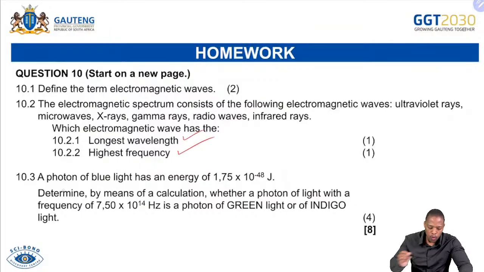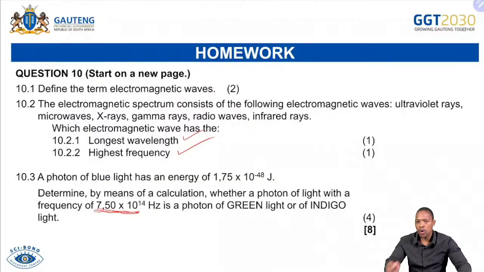Then this one: a photon of blue light has an energy of 1.75 times 10 to the power minus 48 joules. Determine by means of calculation whether a photon of light with a frequency of 7.50 times 10 to the power 14 hertz, so now we're speaking of a different photon of light, is the photon of green light or indigo.